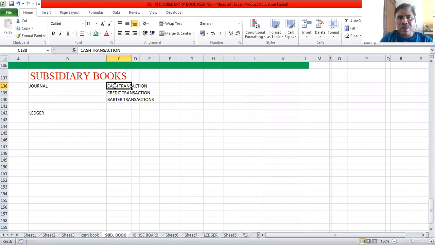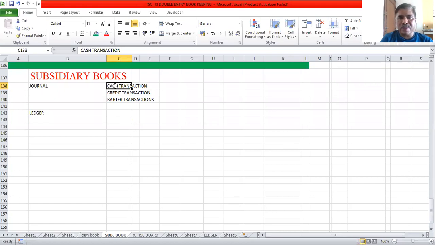So to divide the work, because in a company there are many transactions, which will not be possible for one person to handle continuously in the same book, because journal is one bound book. That is why we are dividing the transactions.